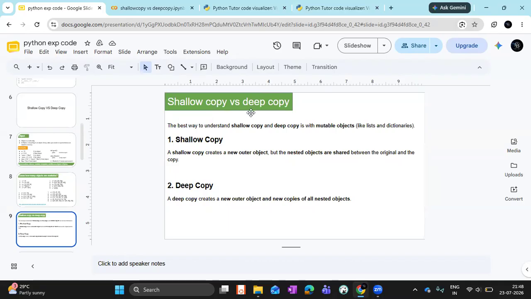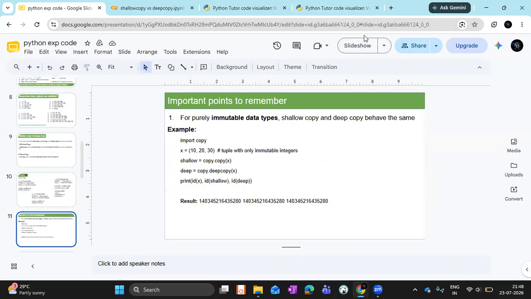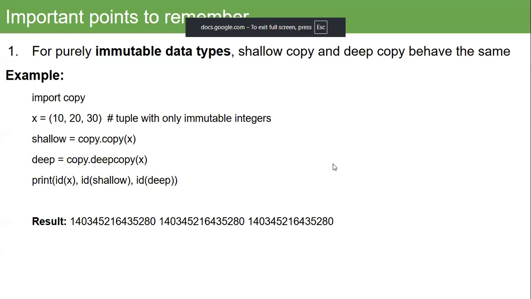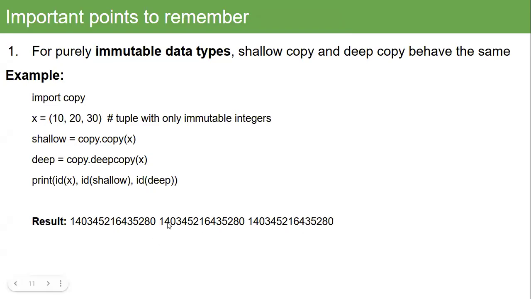Now a few important points are there, you can read them out. For purely immutable data types, shallow copy and deep copy behave the same. You can see here the address of all three places, we already discussed, will be the same. Don't compare this address with whatever I executed; the address may be different every time.